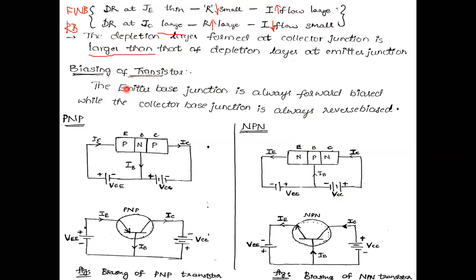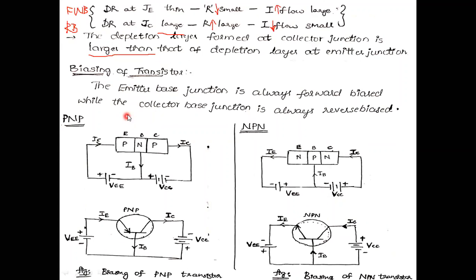For both the PNP type of transistor and the NPN type of transistor, we are supposed to provide or apply some voltage to the PNP type and NPN type of transistor. Okay, that is what we call biasing of transistor.